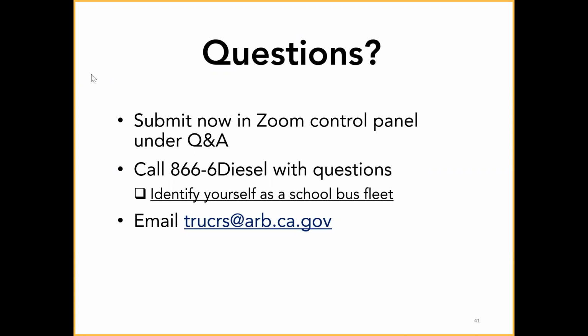I see. Yeah. So for the HVIP program, for the public school bus set aside, we are only looking at a vehicle by vehicle compliance status. So we're not checking your whole fleet for compliance in TRUCRS, but I would not remove anything from TRUCRS unless you're instructed to by the administering agency. It doesn't sound like it would be a good practice.